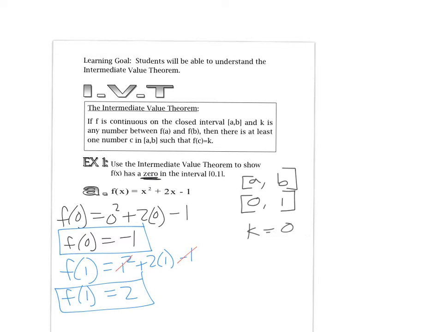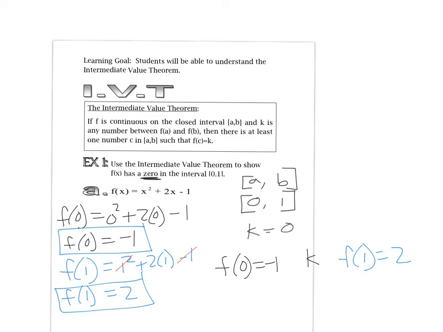All right, so this is like my f of a, this is like my f of b, and all we're really asking, just like we were before, is: is k, which is 0, between f of 0, which is negative 1, and f of b, which is f of 1, which equals 2? Is that value in between? And yeah, it is, right?